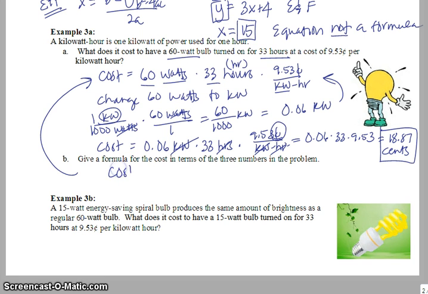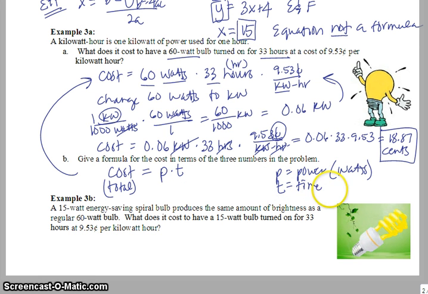So we can say cost, which would be total cost, is going to equal P, which stands for power, and that's in watts, because that's the power of the light bulb, times T, which stands for time, in this case hours, and times U, which is a unit cost of 9.53 cents per kilowatt hour. So cost equals P times T times U.